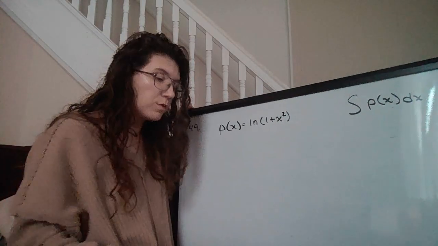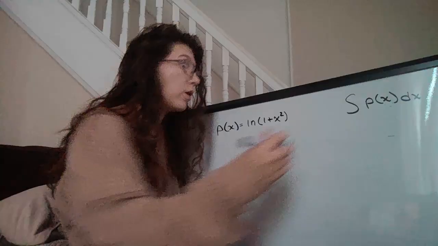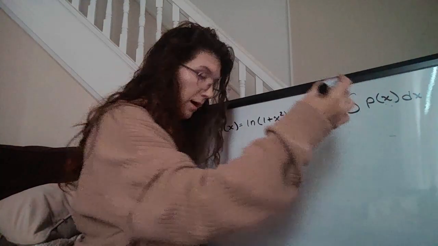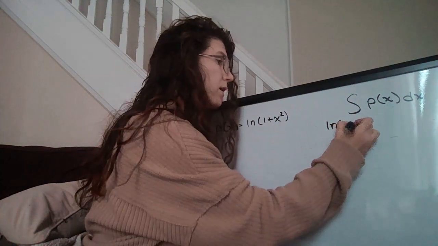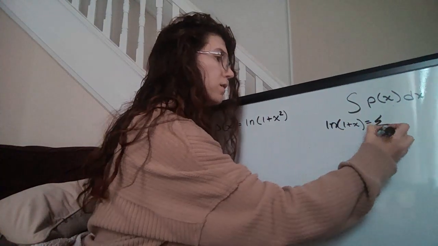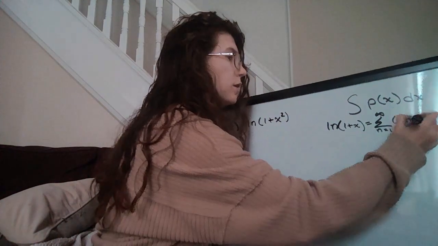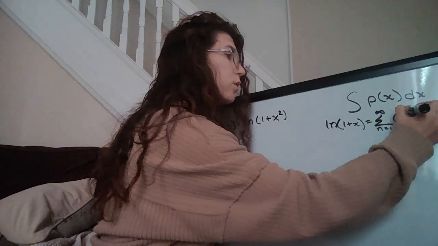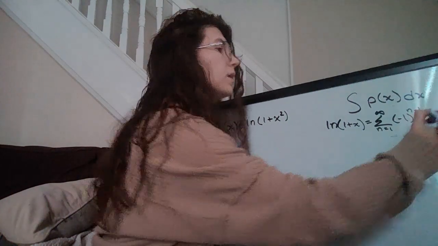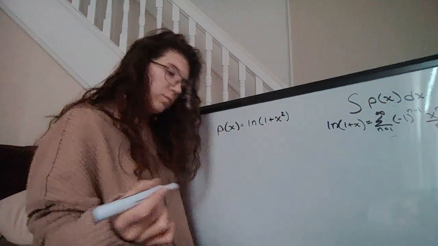So this actually comes from knowing another Maclaurin series for our ln function. ln of 1 plus x equals the sum as n equals 1 to infinity of negative 1 to the n minus 1 times x to the n over n.